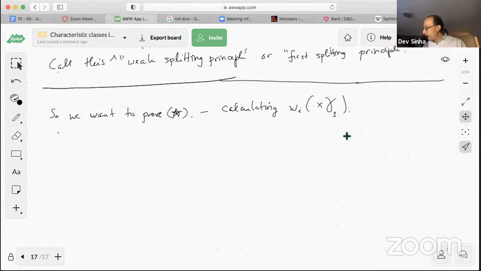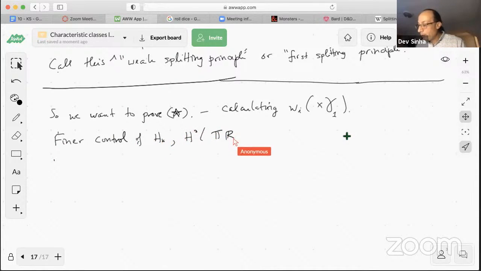And one key is going to be finer control. For this calculation, I want finer control of the homology and cohomology of a product of RP infinities.